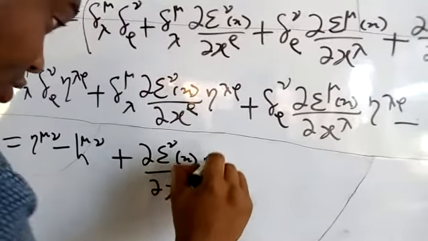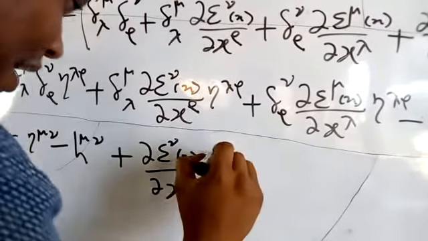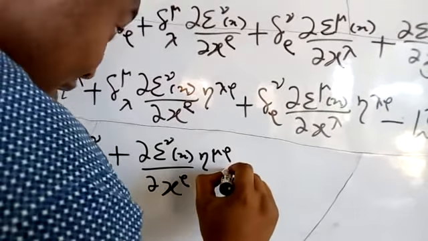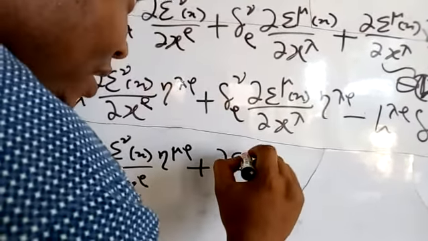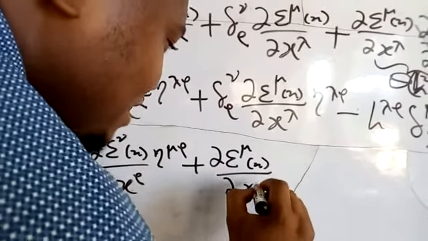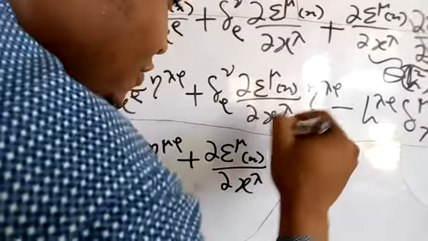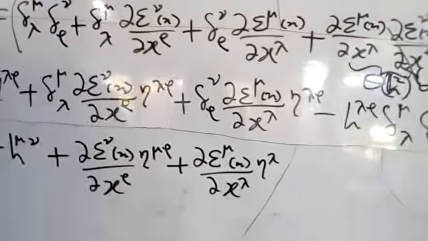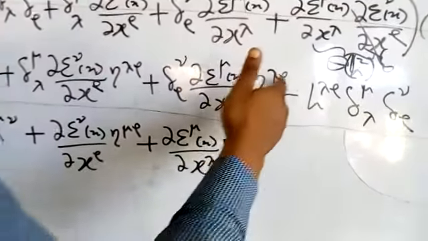And then this will be η, instead of λ, I have μρ. And next will be plus ∂ε^μ of x, ∂x^λ. Now I'm going to have a λ, and then instead of the ρ here, I'll have a ν.